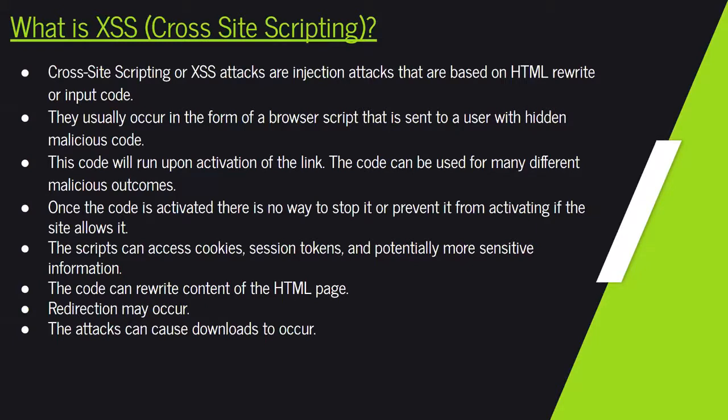Sometimes the code can cause pop-ups. It can have an interactive thing that the user has to click on to get out of the way or move or interact with in some way, which can cause other events to occur like downloads or redirects. Sometimes the code will cause the website to entirely bypass the normal site and redirect the user to a site entirely controlled by the attacker.